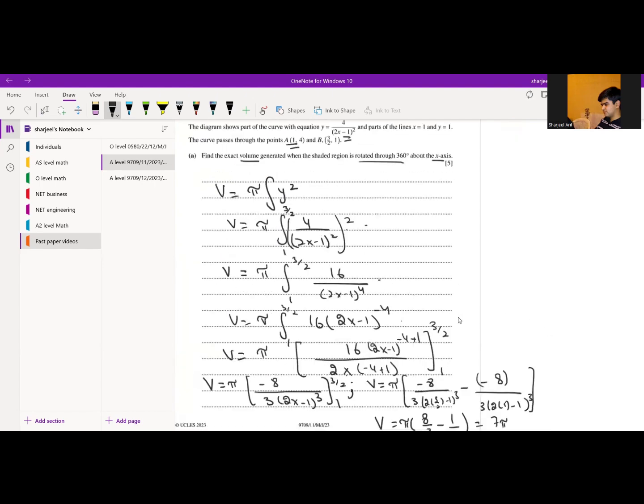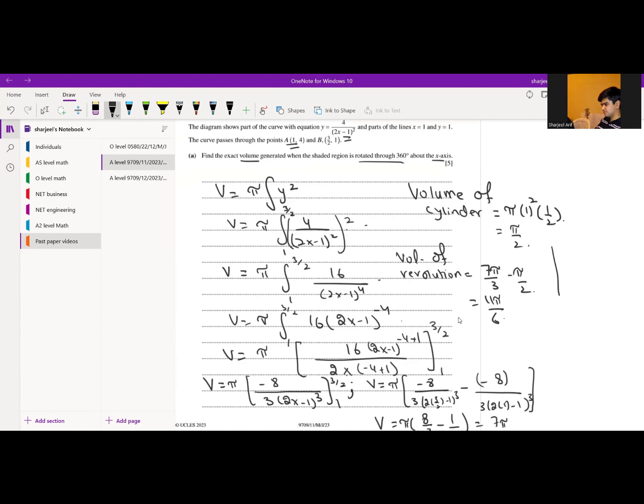Now, volume of cylinder can be found by using pi r square h. That will become pi into 1 by 2, because height was 1 by 2 and radius was 1. So you will get pi by 2, and volume of revolution will become 7 pi by 3 minus pi by 2. So you will get 11 pi by 6.